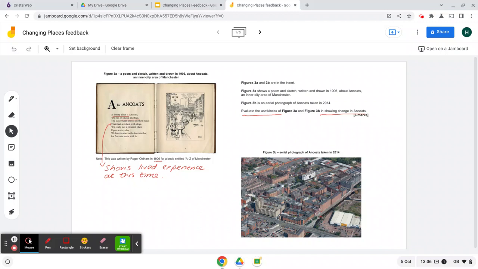It is useful in showing change in the types of clothes that people are wearing. It mentions their feet are shod with clogs, and it also has a picture of old-fashioned clothes. So these types of clothes are different to what we wear today.